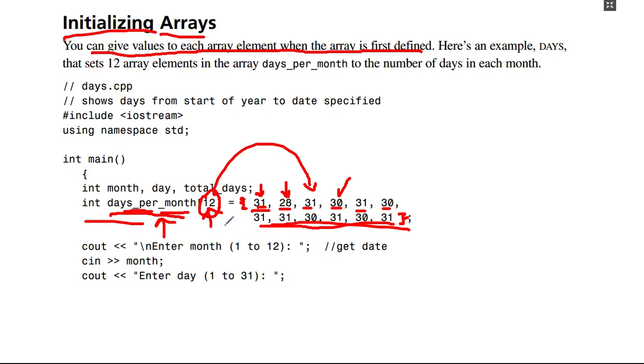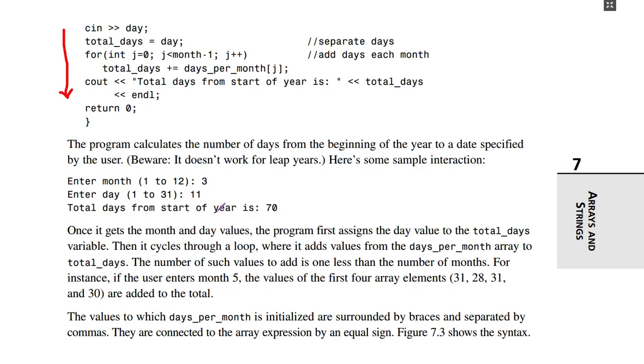So since this is now unnecessary, you can even initialize without writing the size. The compiler would itself see how many elements there are. There are 12 elements, so it would make a 12-element array space in the memory, and the first element would be equal to this one. So you can just skip this number.